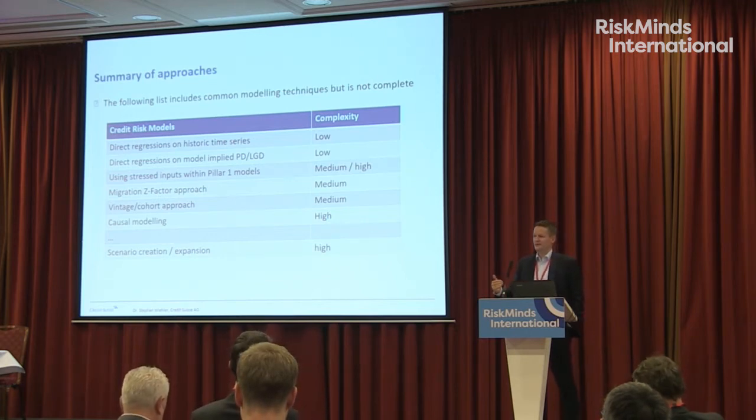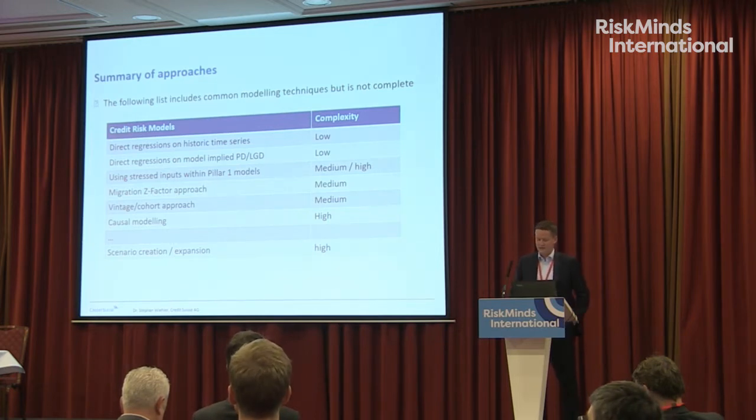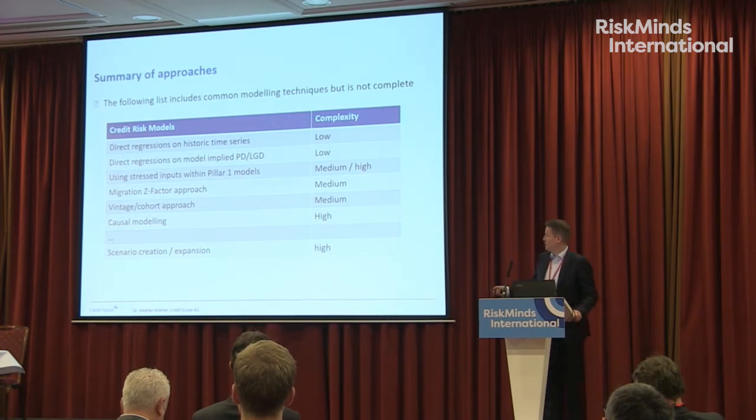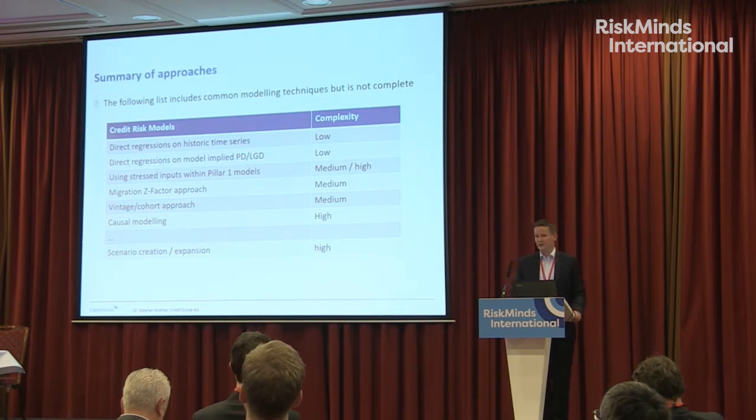Is he fixed for 15 years or is he on LIBOR? And according to that, address all those client specifics to fix the issue of how your clients react. And I'm not touching the whole space of scenario creation and expansion, because that's another 40 minutes talk.